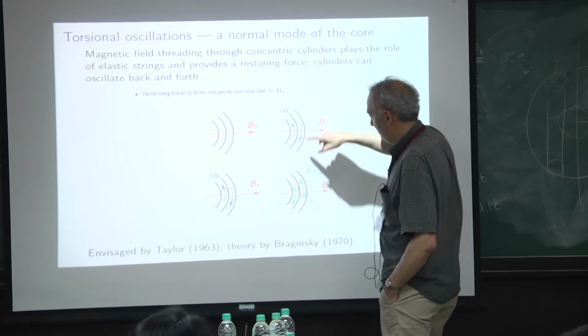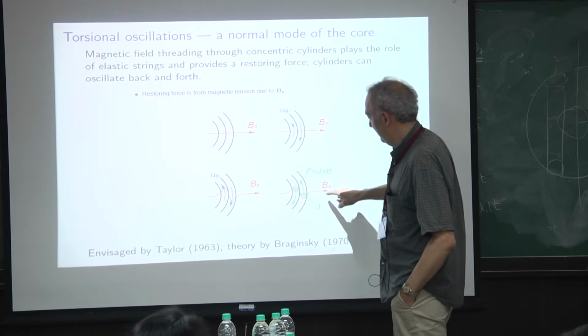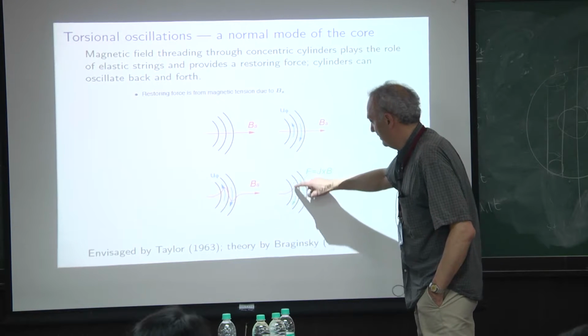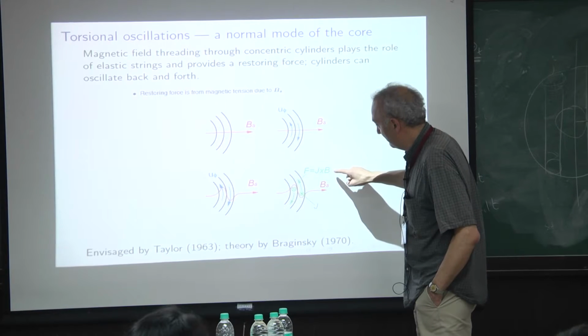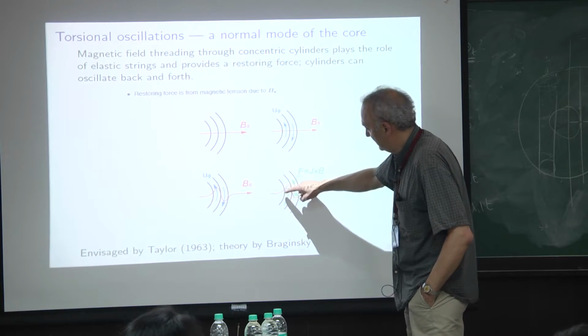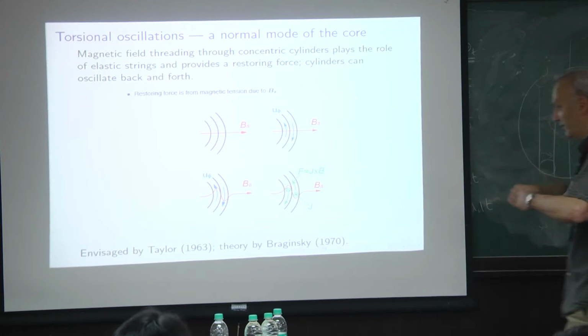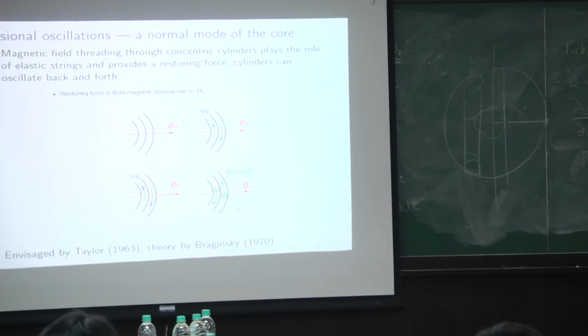The actual reason for the field line not wanting to be stretched is that there's a Lorentz force, J cross B, that acts back on the fluid to try to restore the field line to its unstretched state.